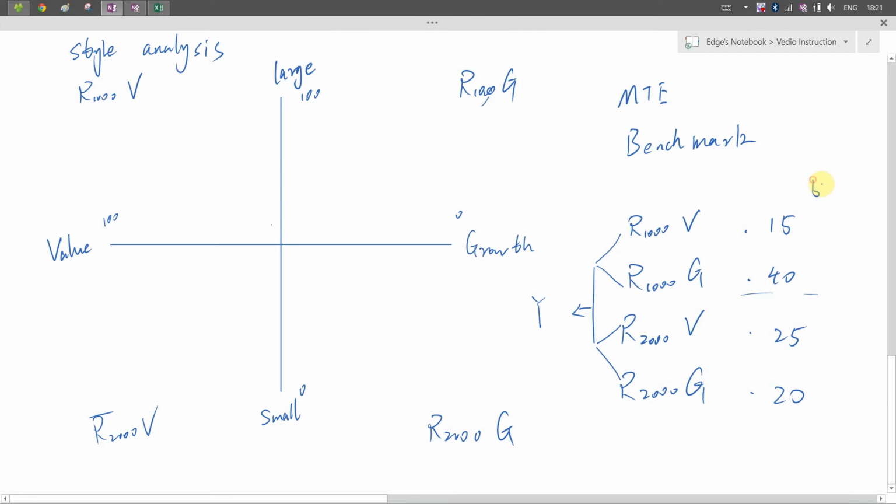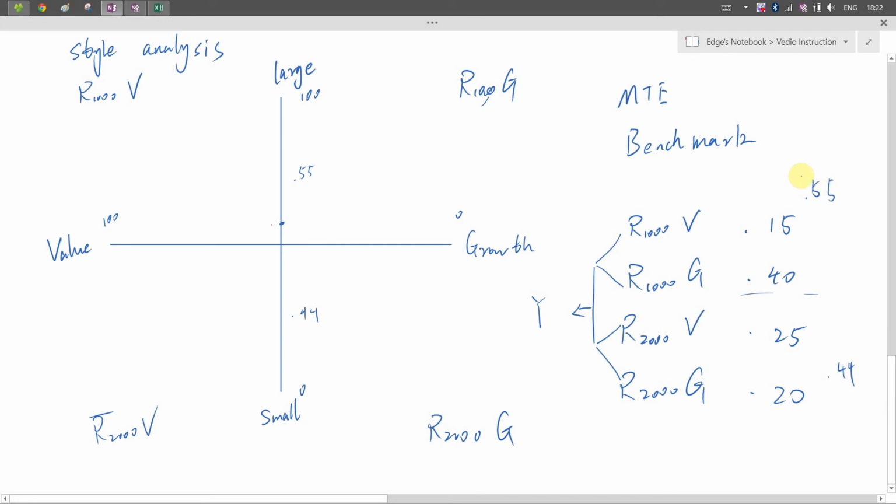So here we got 0.55, and the lower got 0.44. If this one is larger, it means you're closer to large, closer to R1000. This is small, so if you divide it from 0 to 100, it's almost in the middle. Here is 0.55, here is 0.44.